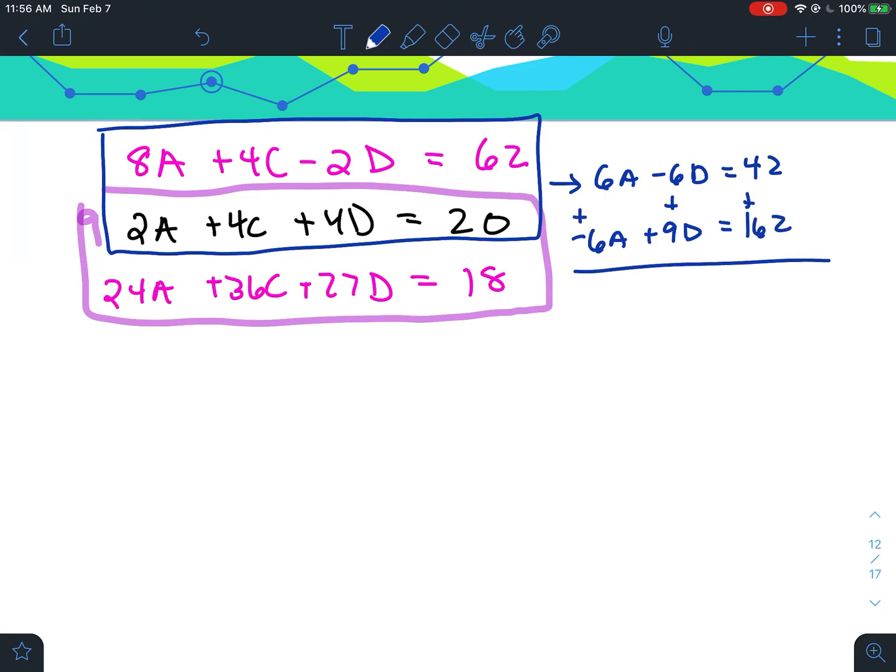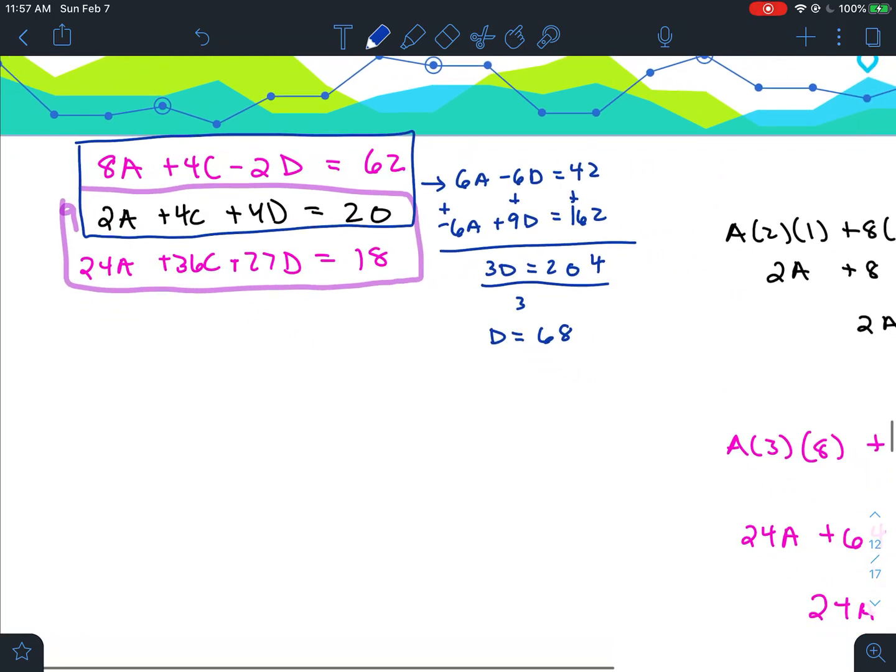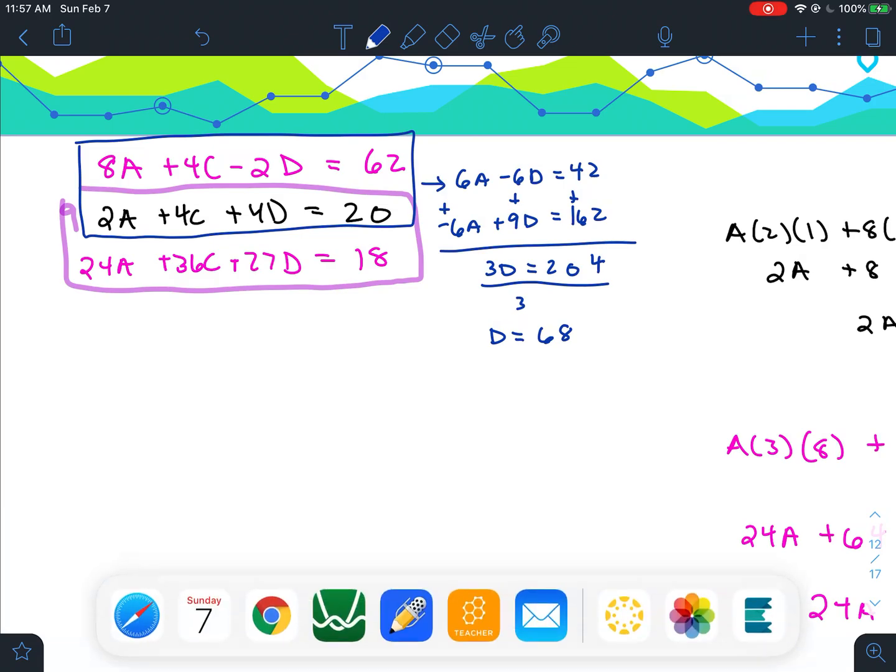And then I would add to eliminate my a's. So I would get 3d equals 204. And then I would divide everybody by 3. And I get d equals 68. So I have d is equal to 68. And then I can plug that back in and solve for my a.